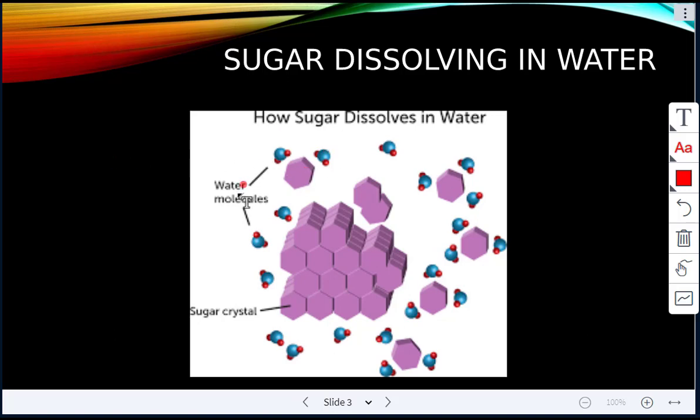Then they get pulled away, and more water particles can move in and attract another sugar particle. All right, and then this process continues. So we can see all of that happening on the right-hand side here. And this process will continue until it forms a solution, and everything is equally distributed.